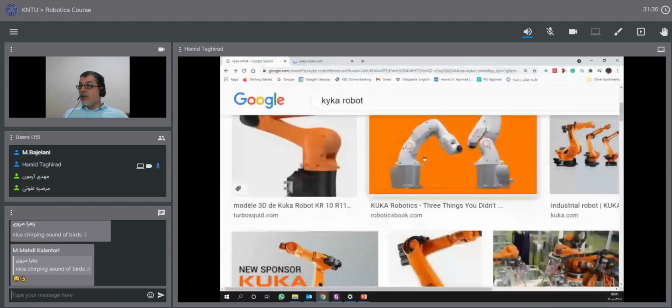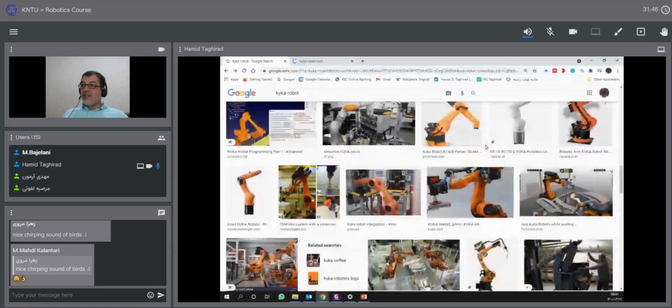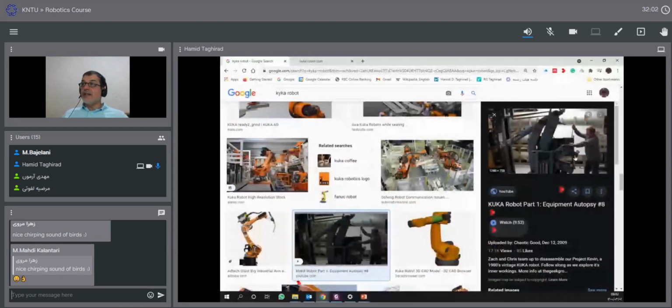But if you go to the older versions, you will see such an arrangement in the system. As you see here, you should add some weight if you don't have a parallelogram here. But you see here, for example, this is an old version, and again a parallelogram, and this parallelogram will help you to have some counterweight here and the motors coming into the picture.